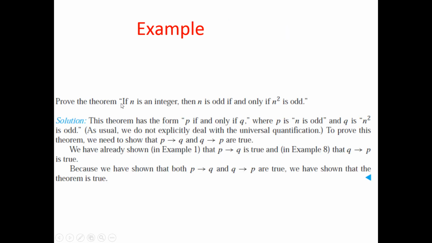Prove the theorem: if n is an integer, then n is odd if and only if n square is odd. So what we need to do: if our P statement is n is odd and Q statement is n square is odd, then we have to prove that P if and only if Q. For this, we have to prove P implies Q and Q implies P both are true. Now, you can solve this yourself. This is for your exercise.